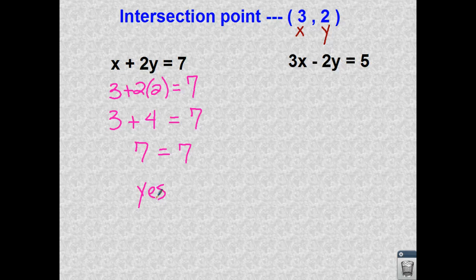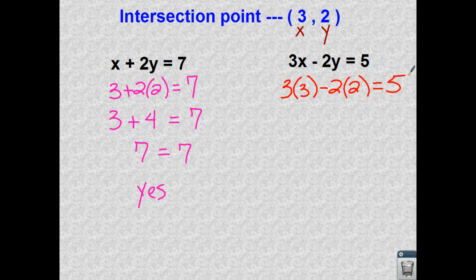Now in order for this to be a solution to the whole system, it would have to work in the second equation simultaneously. So in other words, it has to happen also. And let's check the ordered pair. So we have 3, replace the x with our 3 in the ordered pair, subtract 2 times the y value, which was 2 from the ordered pair.